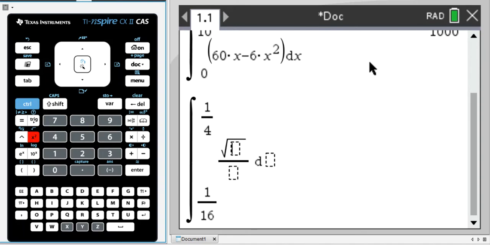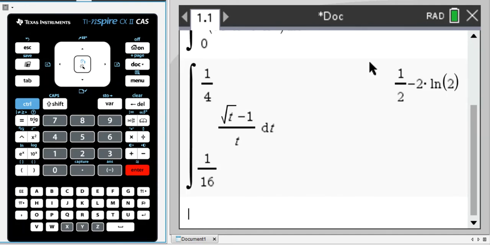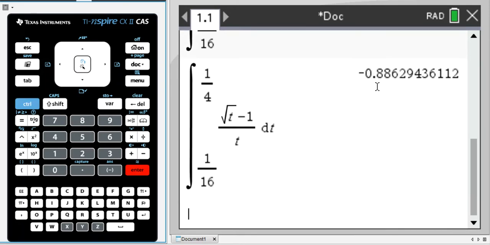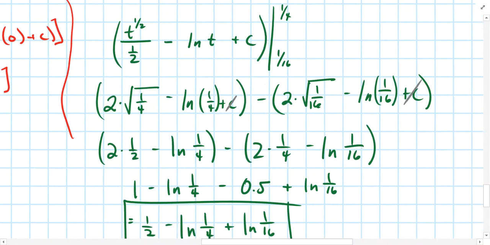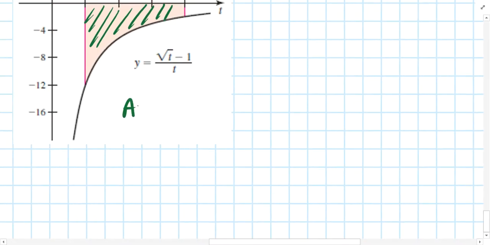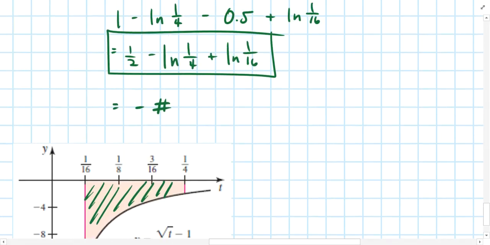And in the numerator, we have the square root of t minus 1 over the denominator of just the variable t, and we're integrating this with respect to t. And there's a precise result, and there's our calculated result. So negative 0.8863. So the area definitely is negative. The area is equal to negative 0.8863. So now's the real test.